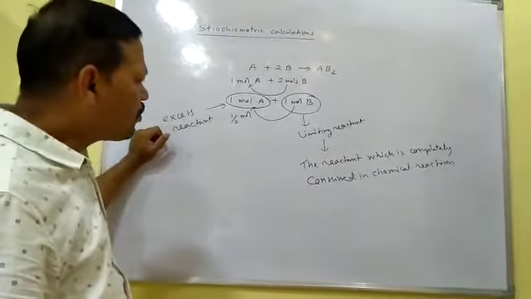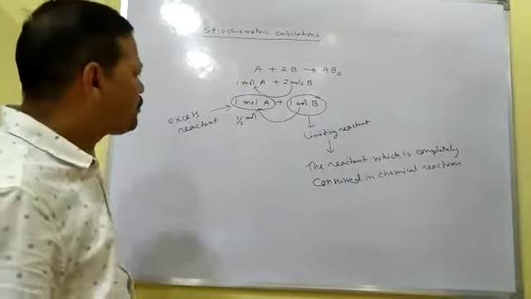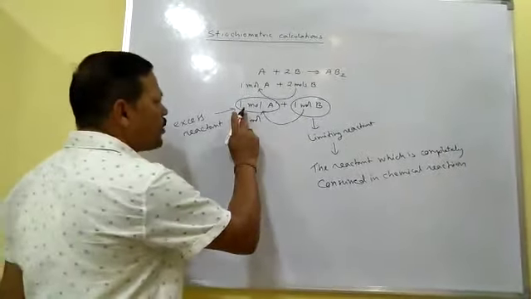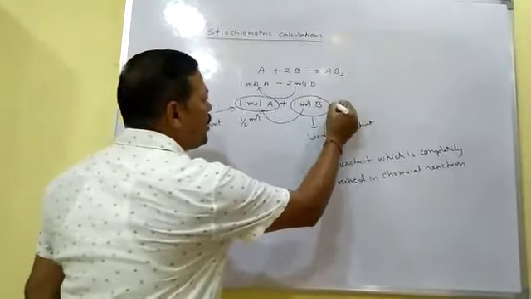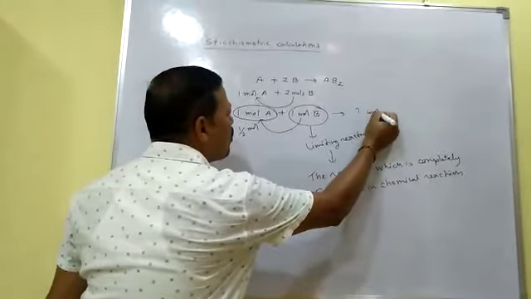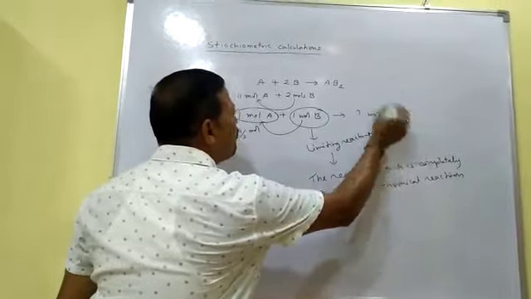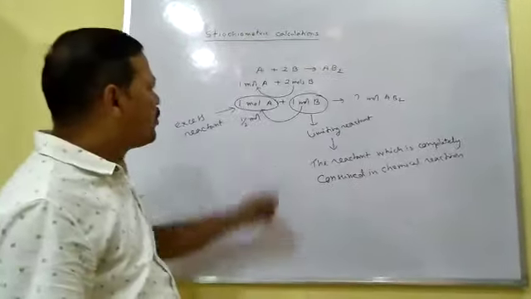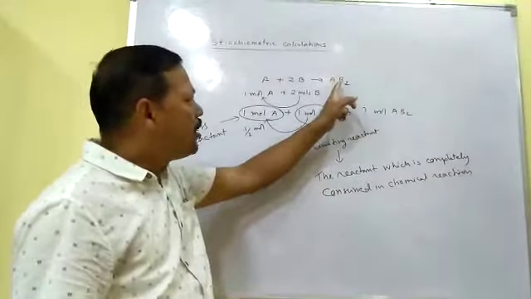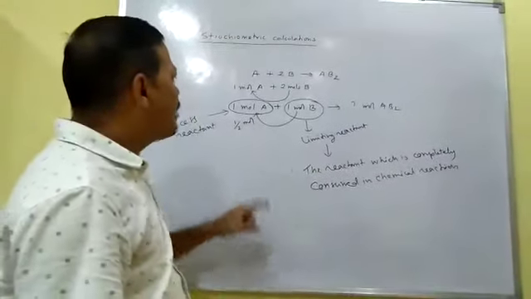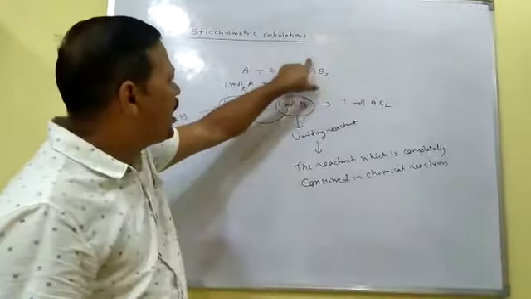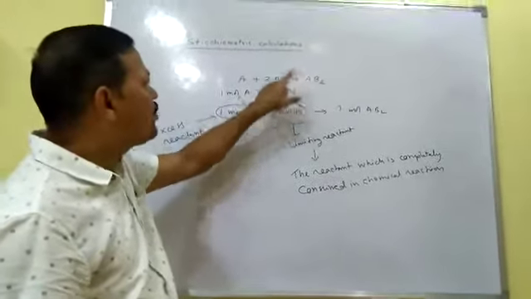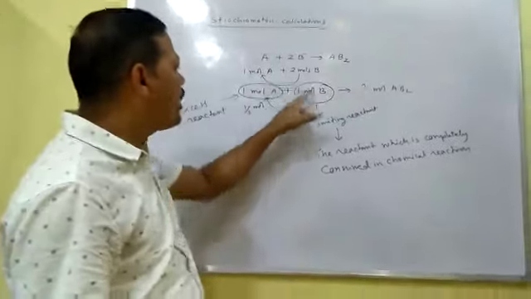Now in this question, suppose 1 mole A reacts with 1 mole B, then how many moles of AB2 will form? To find the moles of AB2, you could calculate from reactant A or from reactant B, because both amounts are given.